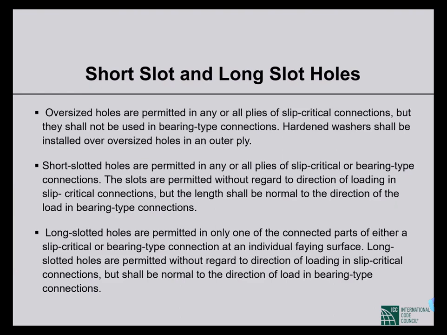So if we place the elongated side along the direction of loading, then there will be no touch. There will be a gap between the bolt and the base metal plate. That we cannot allow. So we have to be very, very careful while placing the holes. We have to consider the direction of loading in case of bearing type connections.